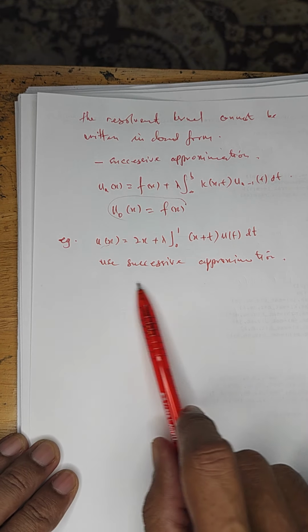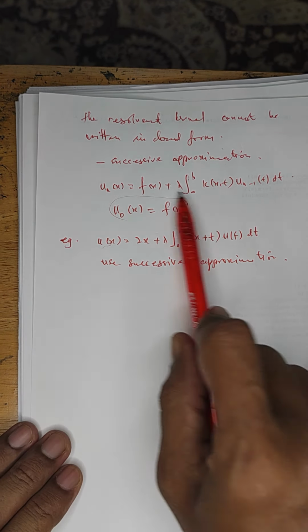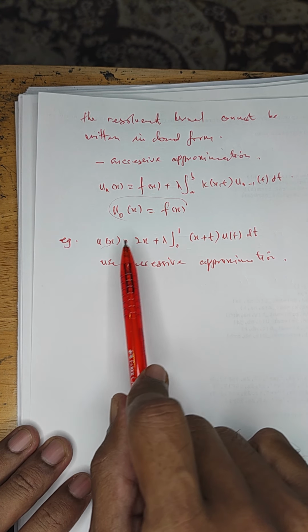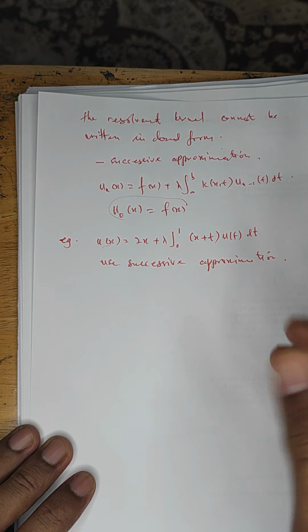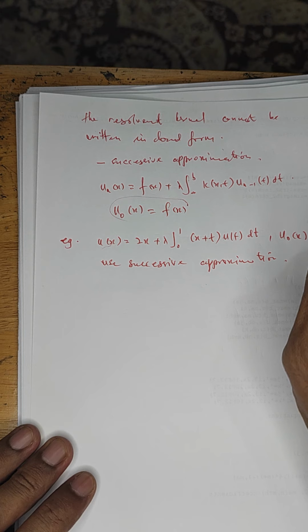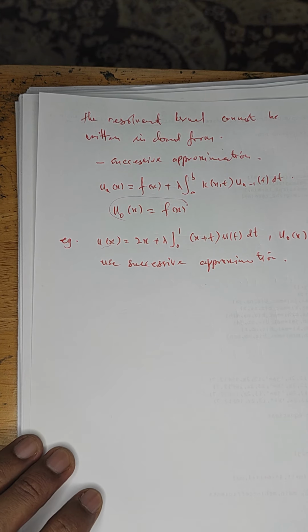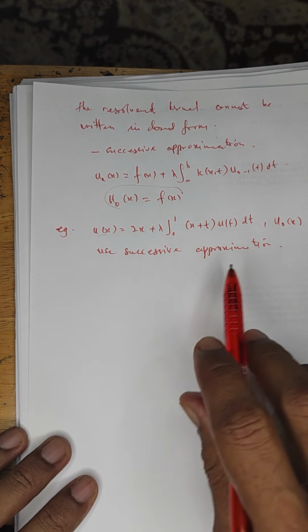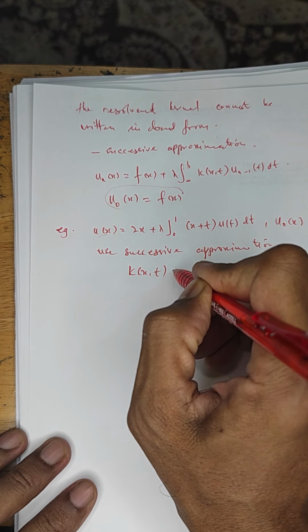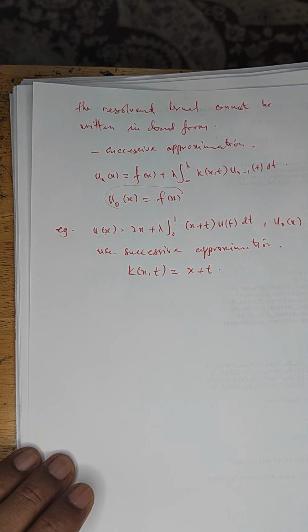Now, for the successive approximation, we can find u_1 given u_0. In this case, u_0(x) is given as 1, and our kernel K is x plus t.